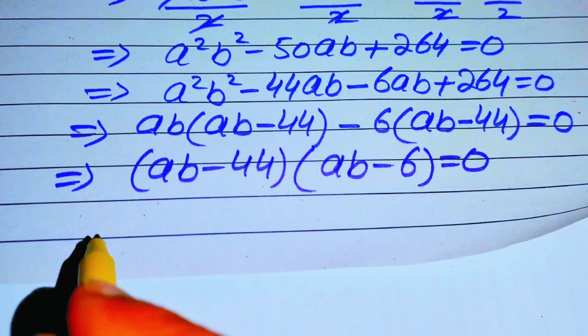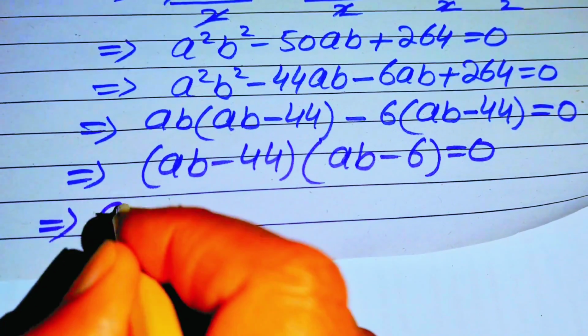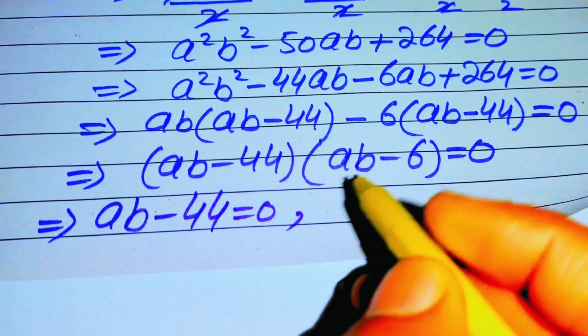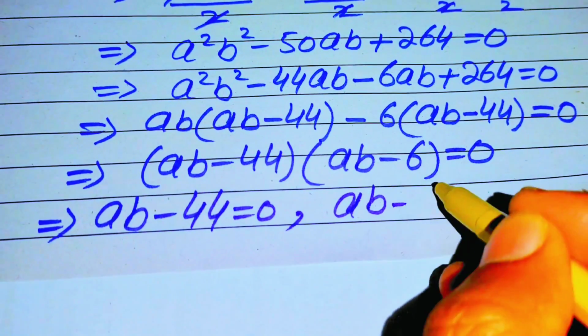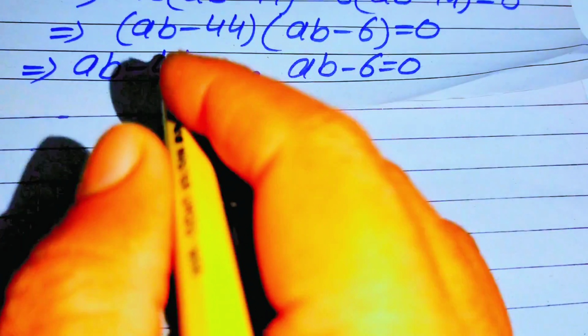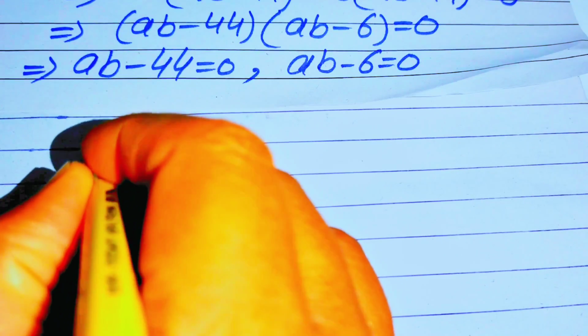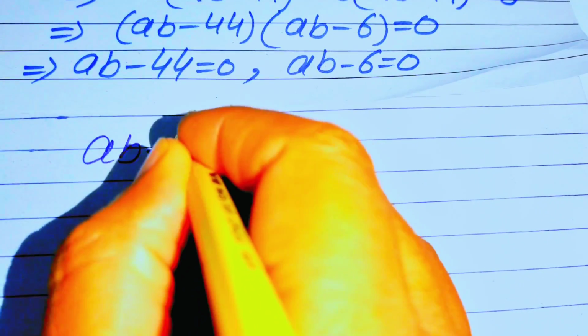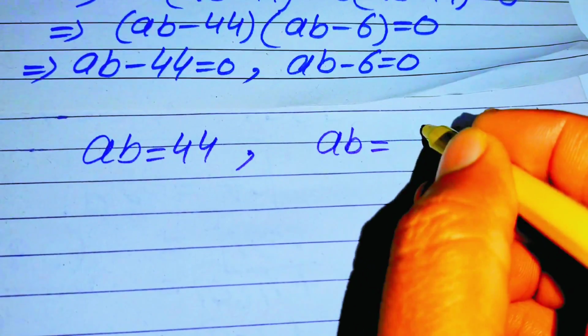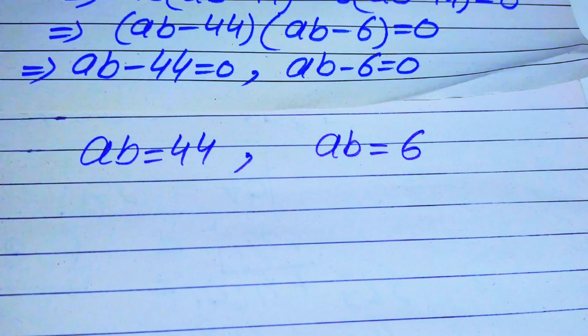So here we have two possibilities. The first is ab minus 44 equals 0, and the second possibility is ab minus 6 equals 0. From these two possibilities we get the value of ab equals 44, and in this case ab equals 6.